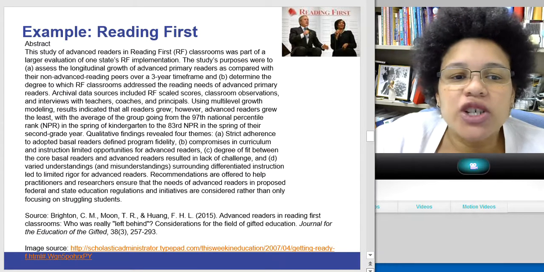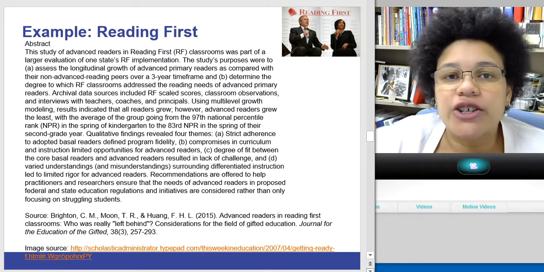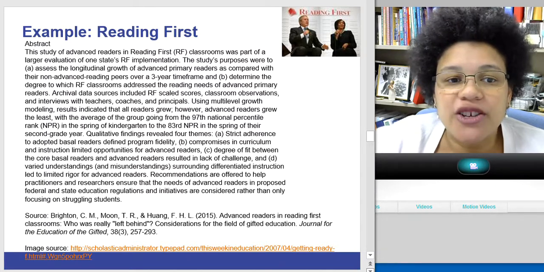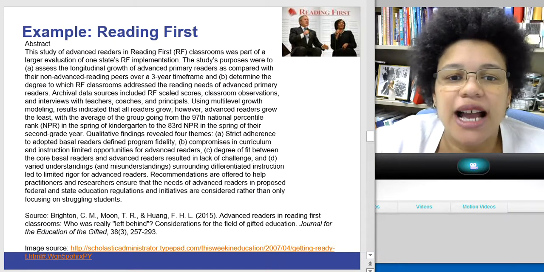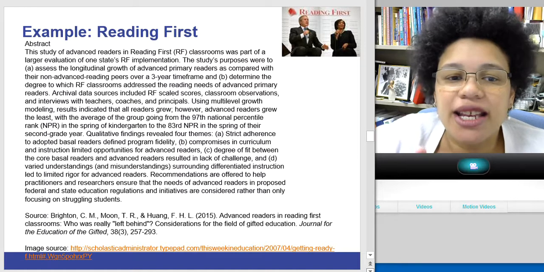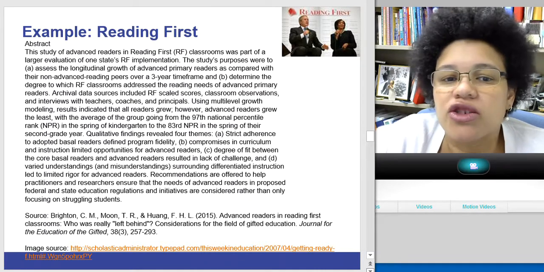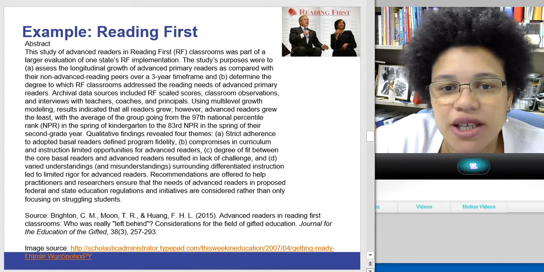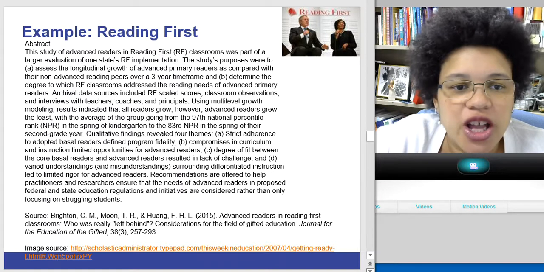The purposes were to assess the longitudinal growth of gifted primary readers, as opposed to their more typical peers, over a 3-year time frame, and then determine the degree to which these Reading First classrooms address the needs of these gifted, advanced readers.